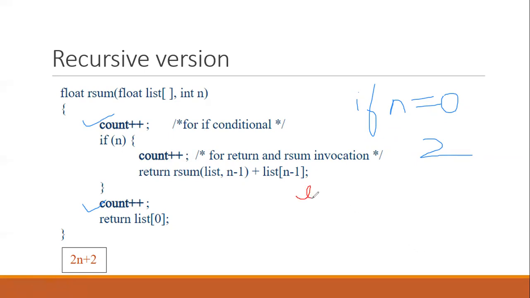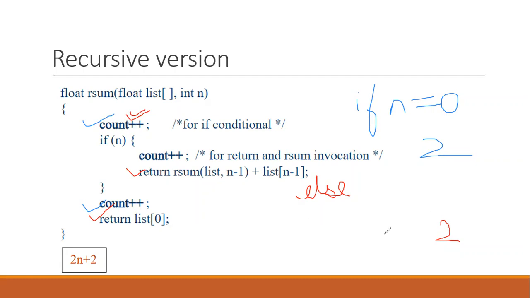For the other case, when n is not equal to 0, these two statements are executed as normal. So we have two statements, and since there are n function calls over here, these are followed by one with n equal to 0.